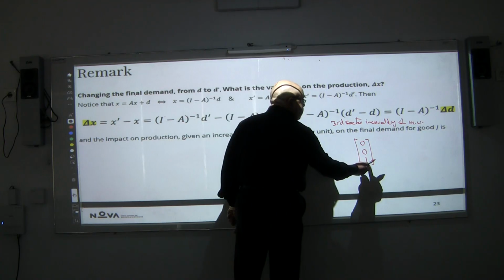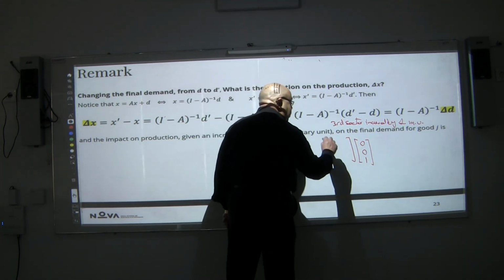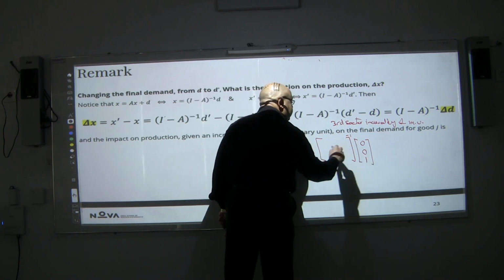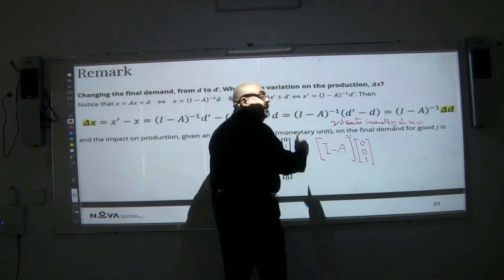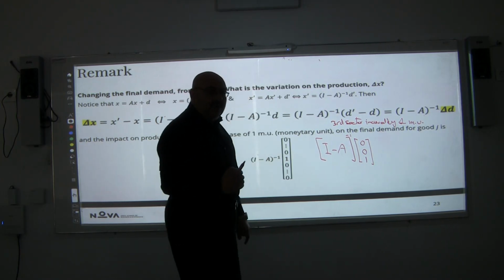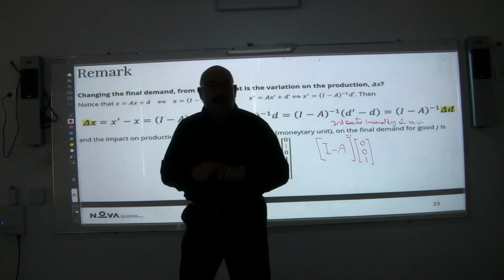So I will come to sector 3 and add 1, and I will multiply this value by the inverse Leontief matrix, which is I minus A inverse. So I will get the effect of this increase on each part of your productions.